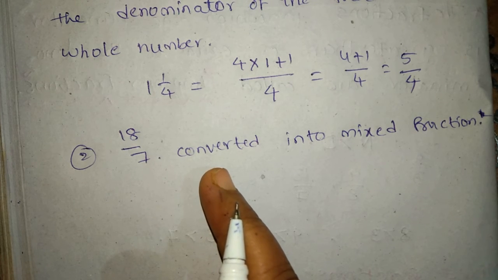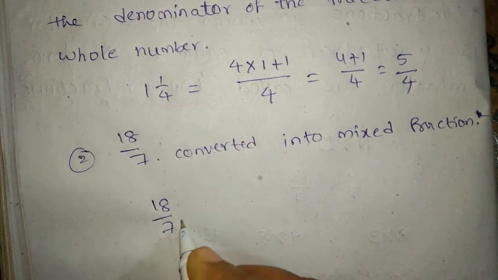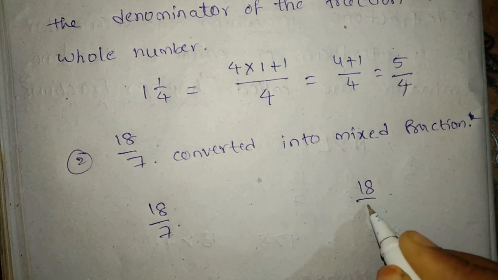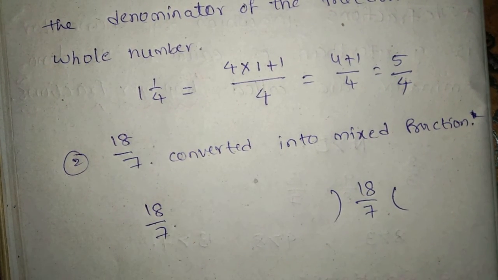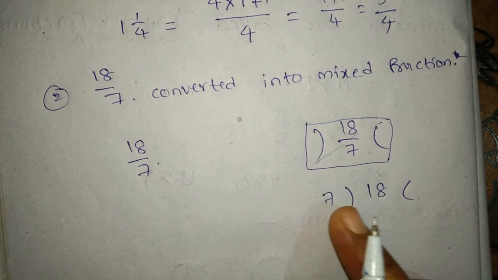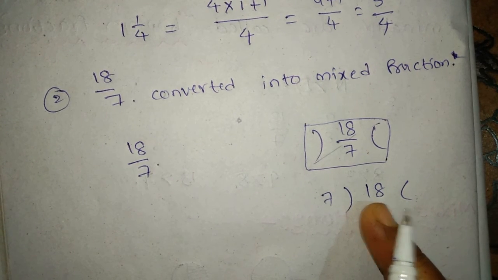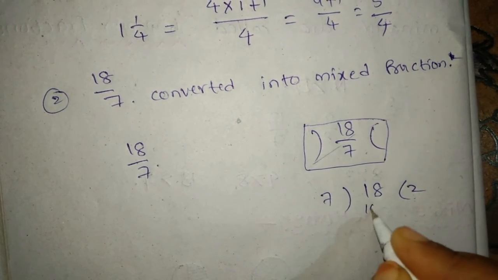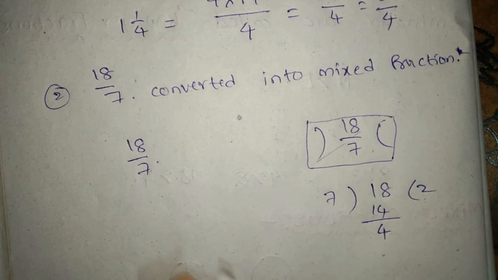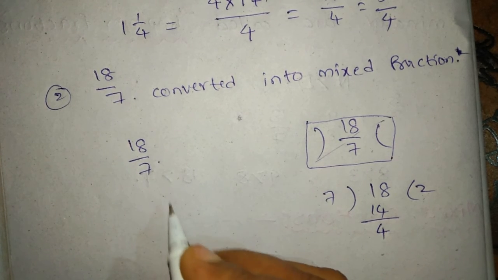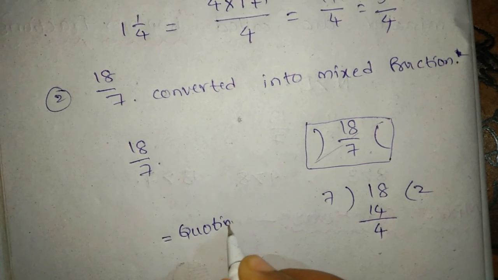Then we have to divide 18 by 7. 7 ones are 7, 7 twos are 14, 7 threes are 21. So, 7 twos are 14, and the remainder is 4.